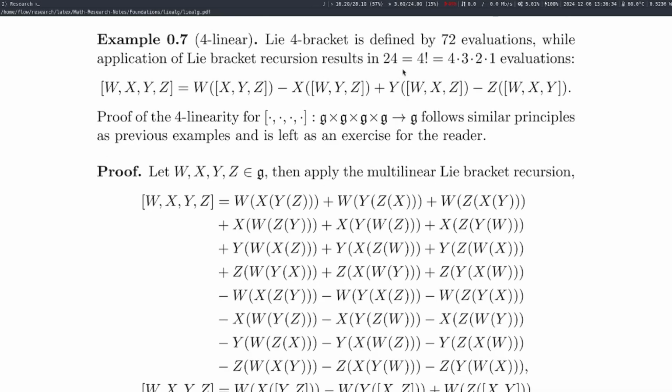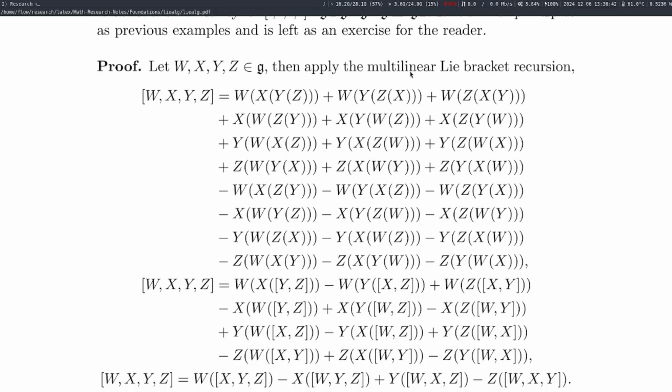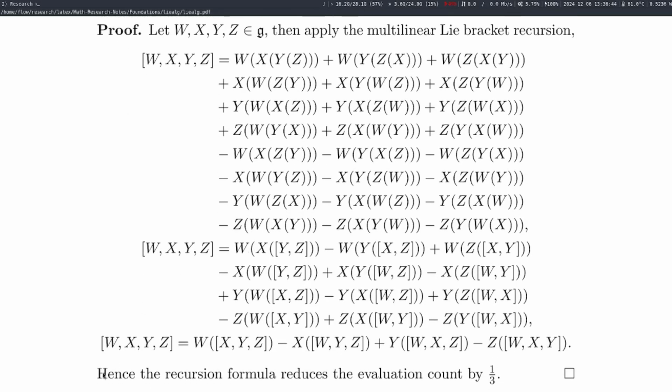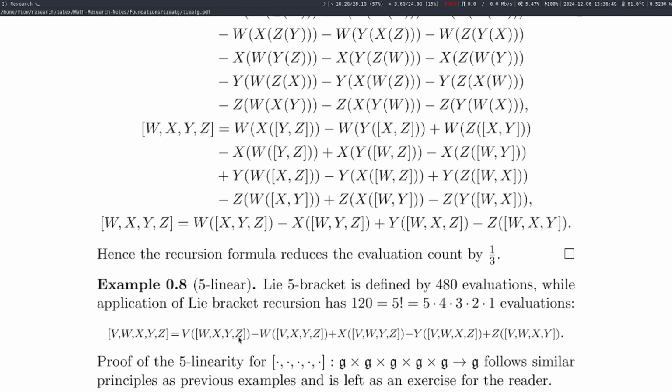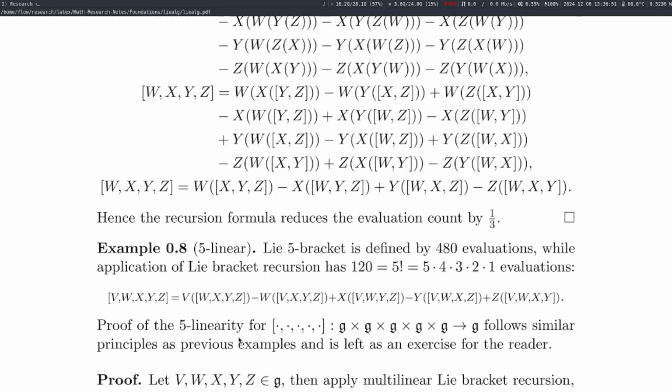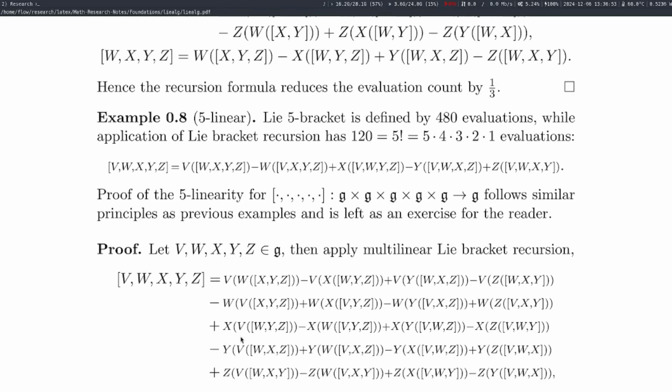So the multilinear Lie bracket recursion formula proof is really handy, because it allows us to do these multilinear Lie brackets and reduce the number of evaluations.